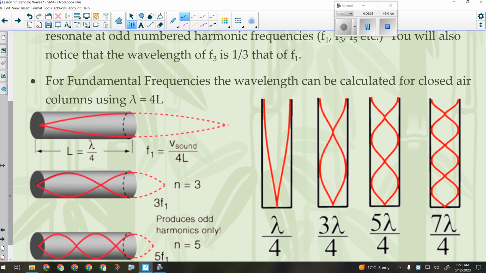All right. Can you hear the sound coming out of it right now? Listen to the frequency of it as I get close to the top.